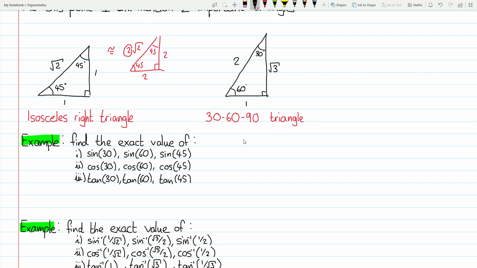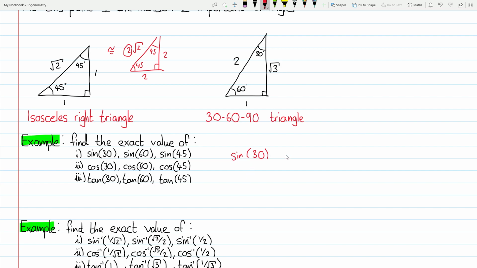Okay, cool. So let's use these triangles to try and find the exact value of some of these trig functions without having to use the calculator. So, let's use sine of 30. How are we going to do sine of 30? Well, because our angle is 30, we're going to be using this 30, 60, 90 triangle.